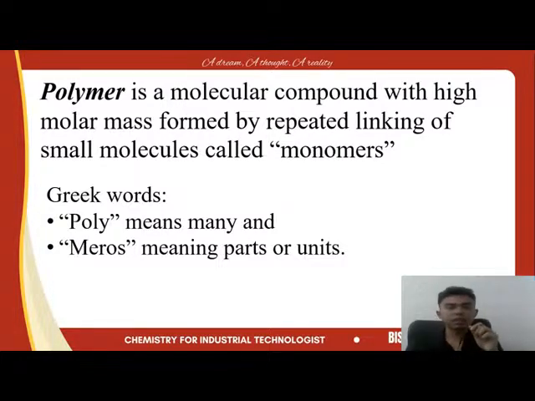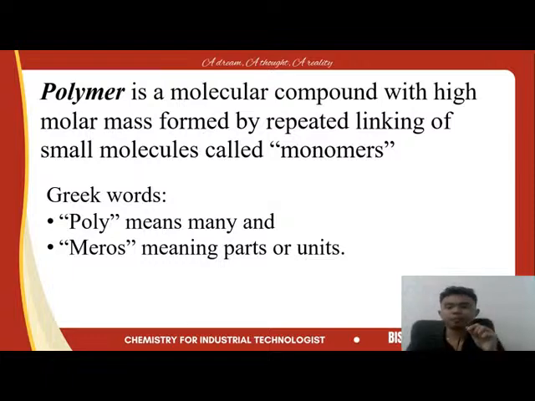Okay, so basically, when we say polymer, it is the combination of the monomers. Okay, so it is the linking of the small molecules called the monomers. So that means that the basic unit for the polymer is the monomer.